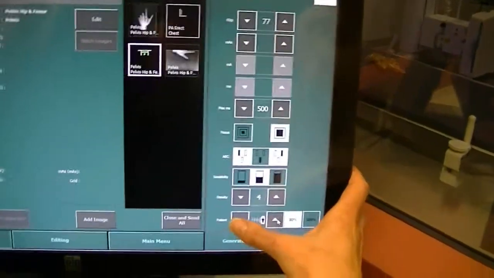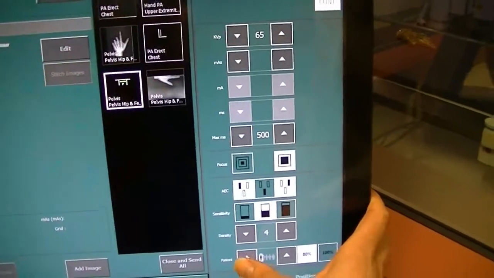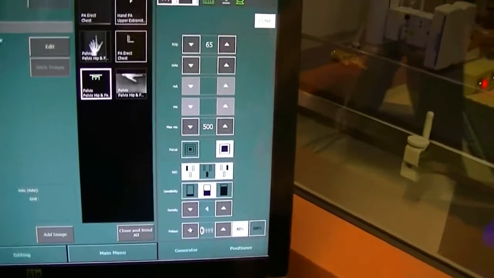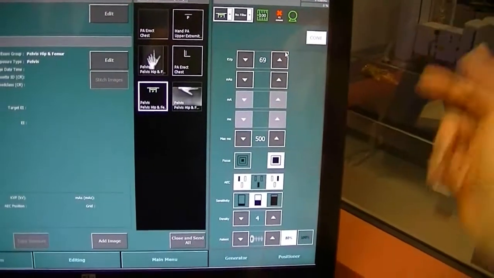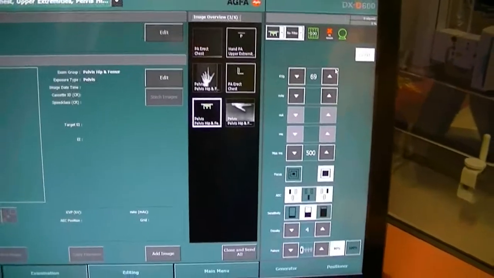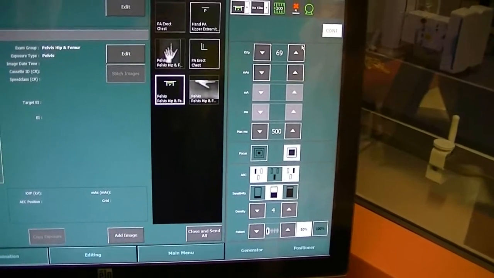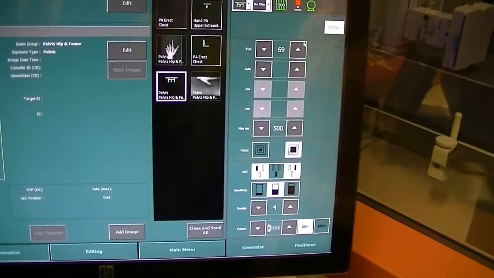It's gone from 77 down to 65, so it's about 12 kV between low and high. It's just as quick to change the kV directly as it is to press that one. It's a supposed short way of changing your kV up or down so that your time could be shortened if they were a bit on the large side.